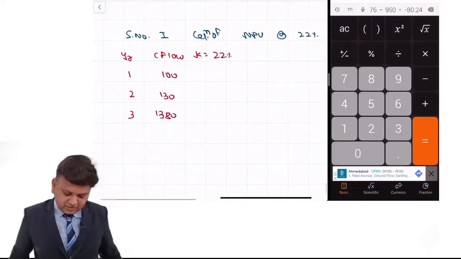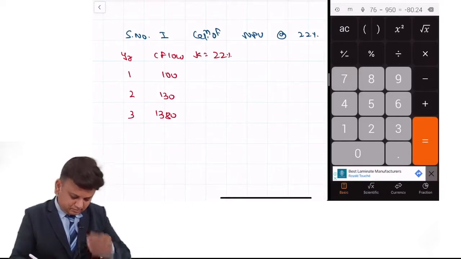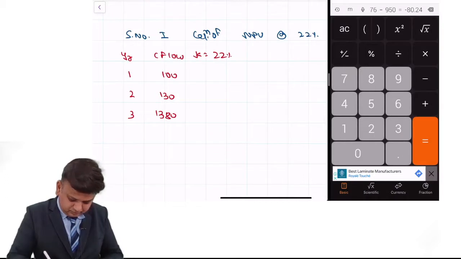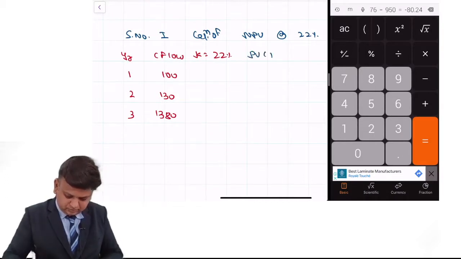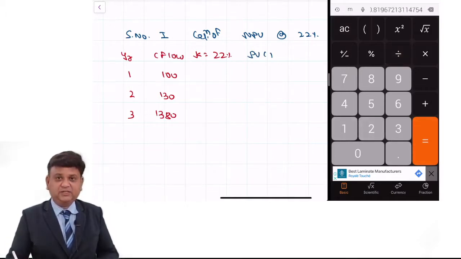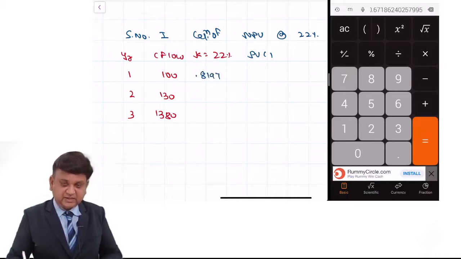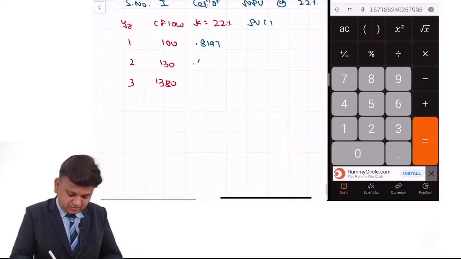And we will make the calculation of present value of the cash inflow. So 1 divided by 1.22. First year factor is 0.8197. Second year factor is 0.6719.